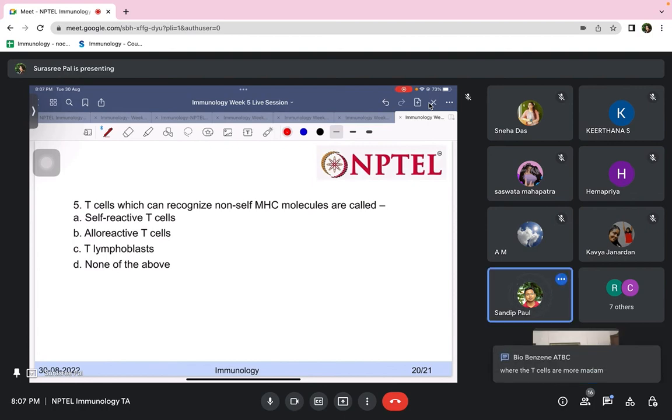The T cells, I mean the host's T cells, are much more in number than the T cells of the organ that you have.